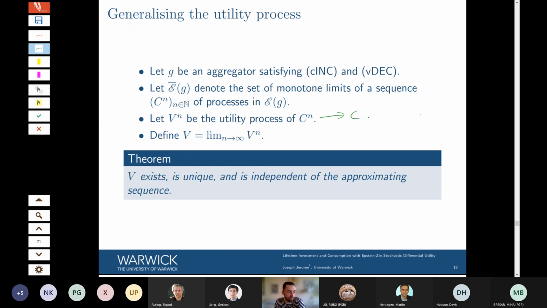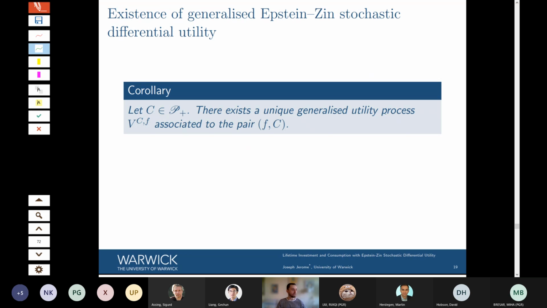If a consumption stream is evaluable in the sense that I previously said, then this V is going to agree with the utility process that we've associated before. And this V has lots of nice properties, so it's increasing in consumption, for example.